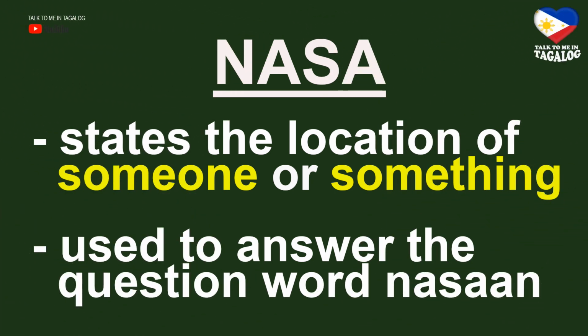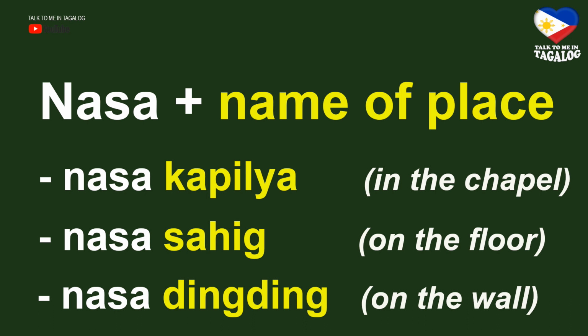Let's now study the preposition nasa, because nasa is used to answer the question word nasaan. So nasa states the location of a person or an object. Nasa is very easy to use. Just indicate the name of the place after it. Here are some examples.